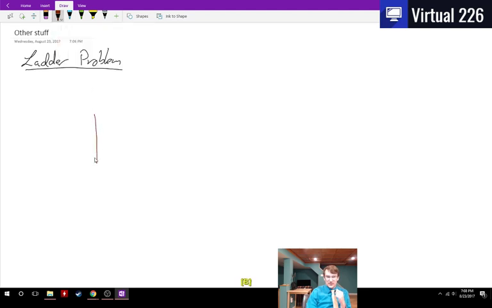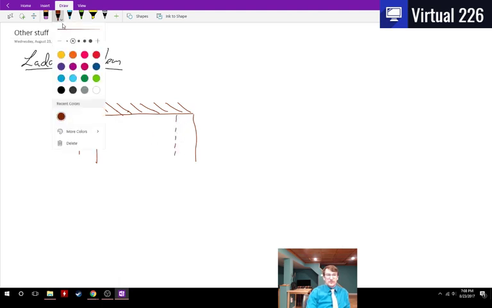I want a brown. It's a good deck color. Okay, so I've got a deck here. Let's say it's sitting like that. And my deck, you know, these are the boards going across. Very nice deck. To get up to it right now, because I don't have any stairs, I'm using a ladder.